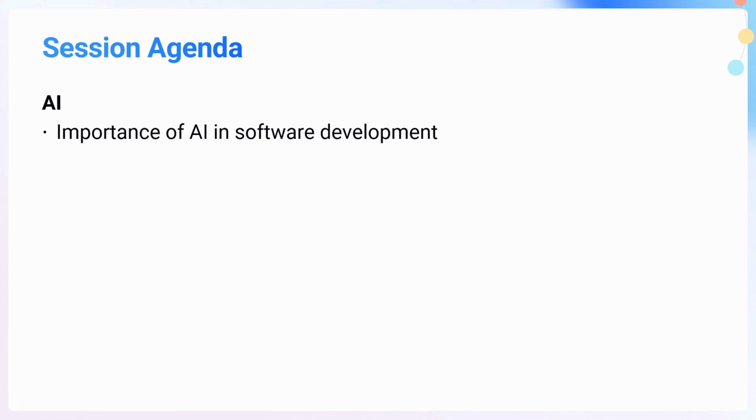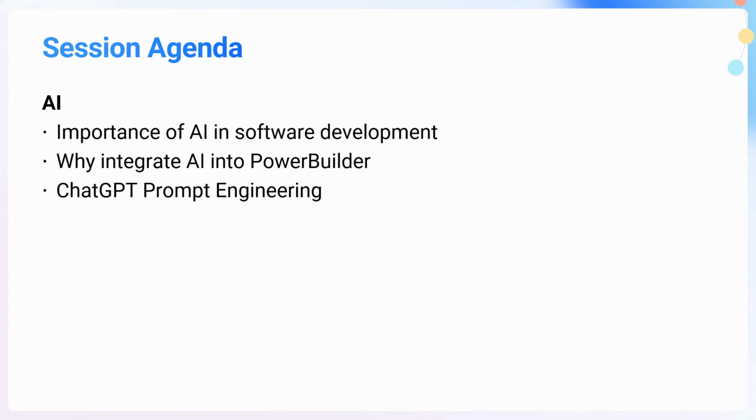Session agenda. Here's what we'll cover today. Regarding AI, we are going to see the importance of AI in software development and why integrate AI into PowerBuilder. We are going to understand ChatGPT and prompt engineering, and how to communicate effectively with AI.